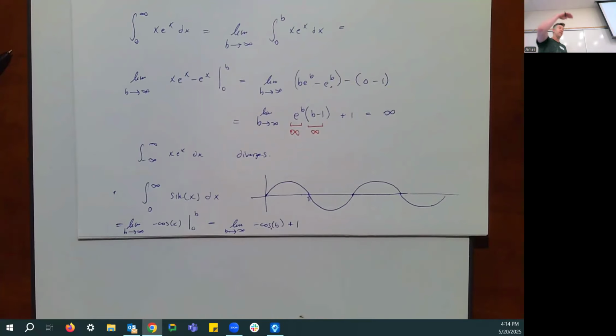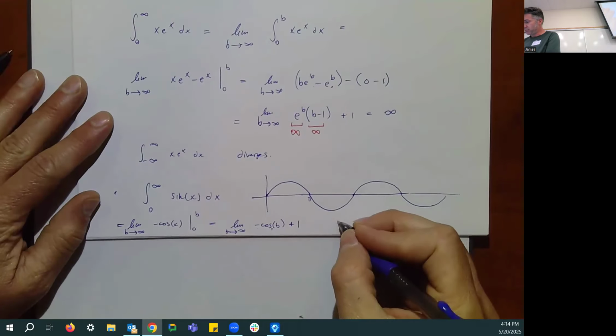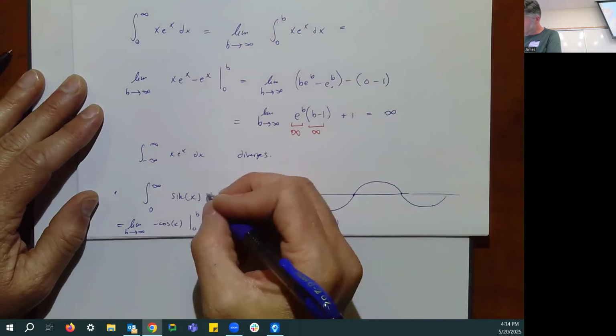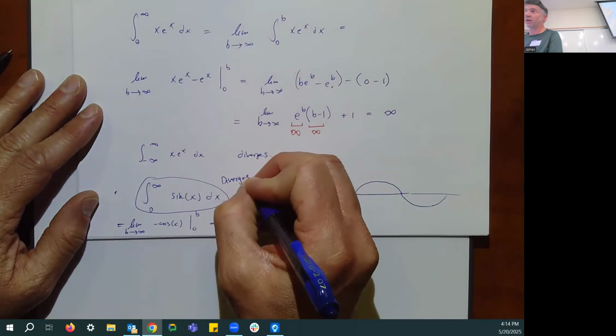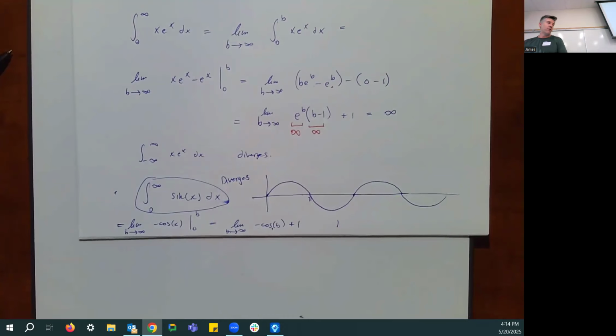If you look at cosine, you're just oscillating the whole time, and you don't get close to any one number. But it's not diverging to infinity. It's not diverging to negative infinity. It's just diverging. So this integral diverges, and that's all we can say. But yes, sometimes you will be asked if it diverges to infinity or negative infinity.